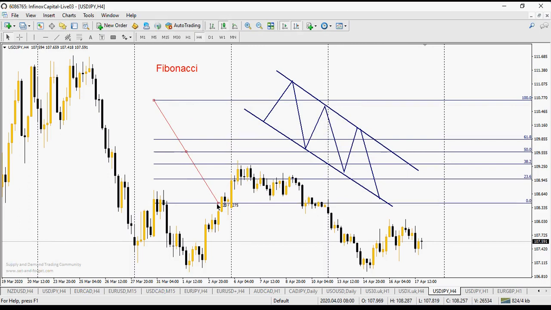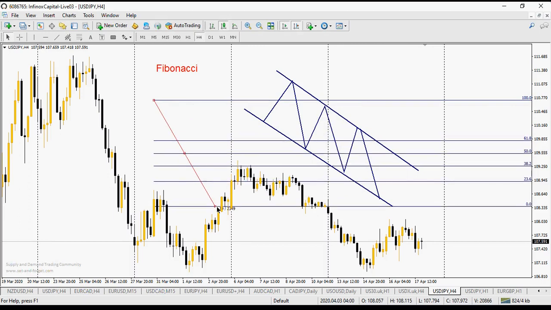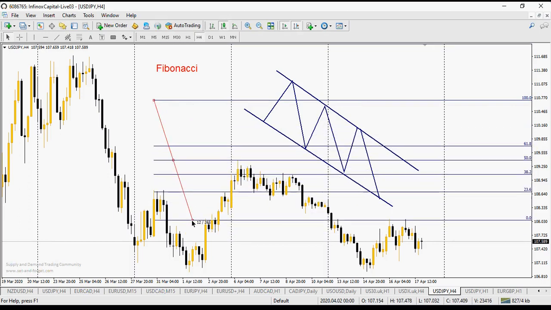Now, the idea is the market always turns at these psychological levels. If you look at these numbers right here, we have the 23.6, 38.2, 50.0, 61.8, and then 100%.